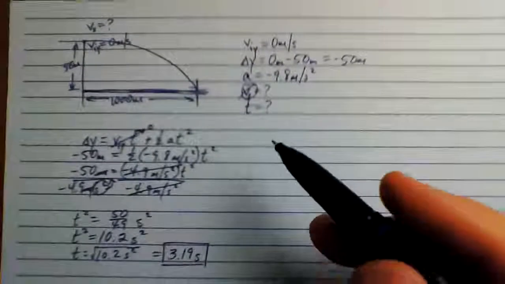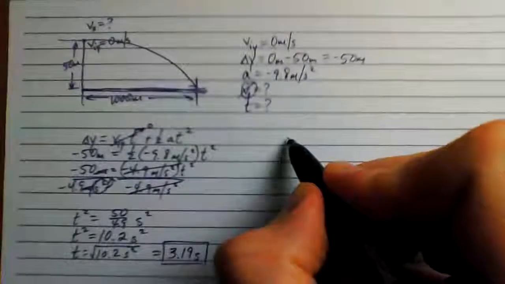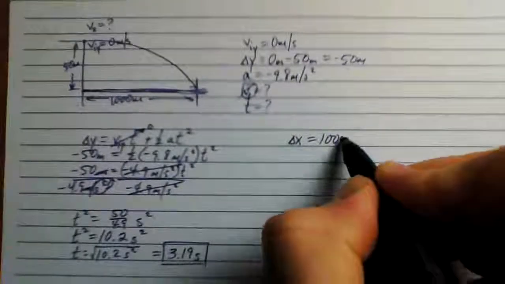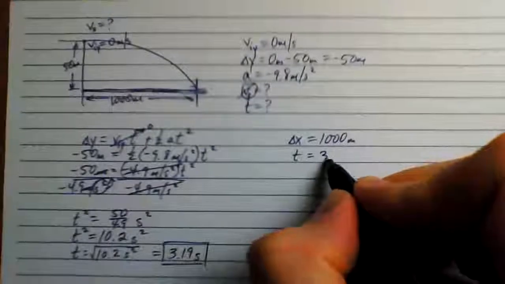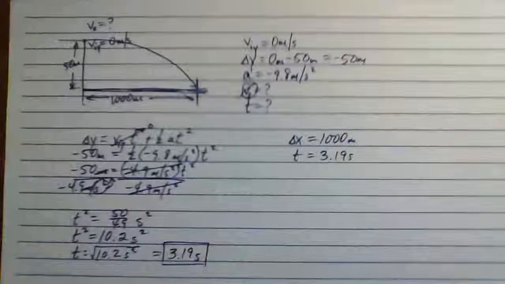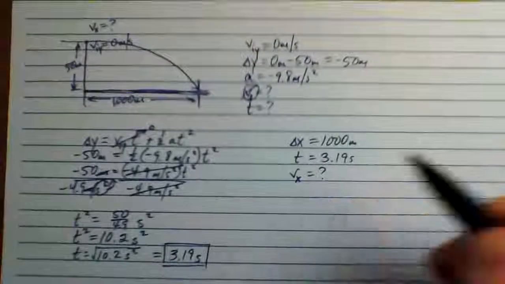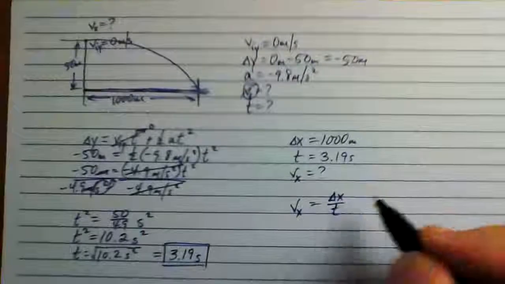All right. So in this case, we have that it is traveling 1,000 meters, delta x is 1,000 meters in 3.19 seconds. Which means that if I want to find my velocity within the x direction, I'm going to say Vx equals delta x divided by t.